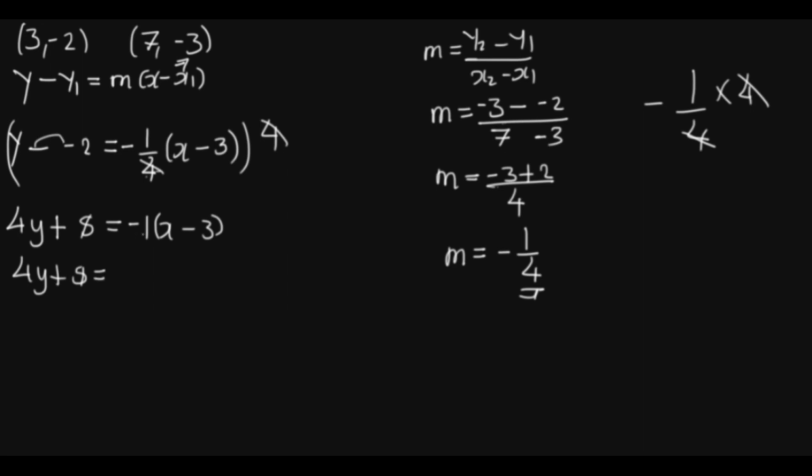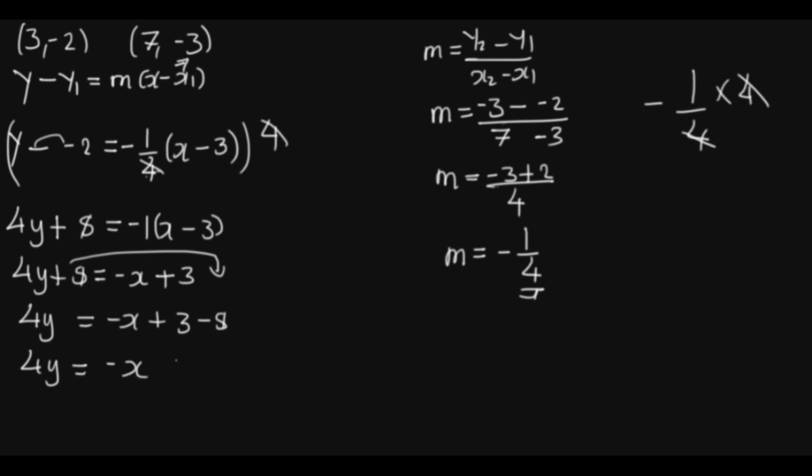So we're going to expand. Negative 1 times x is negative x. Negative 1 times negative 3, that is positive 3. Then we're going to move our 8 to the other side. We have 4y is equal to negative x plus 3 minus 8, so negative x minus 5.